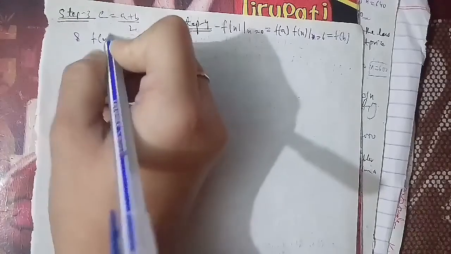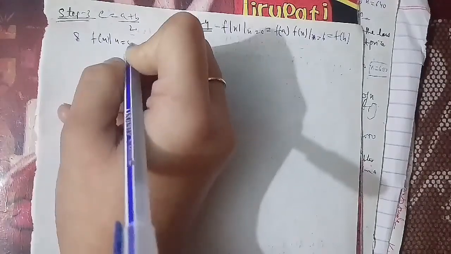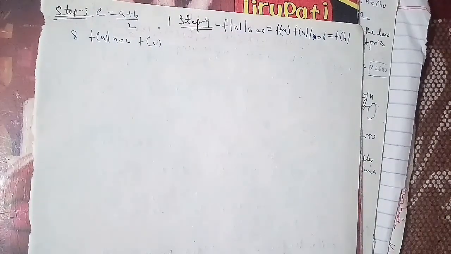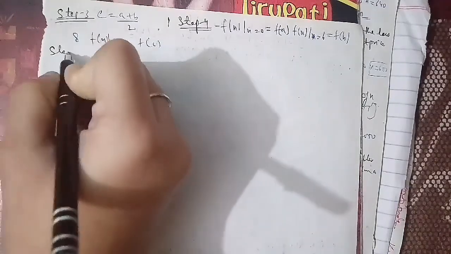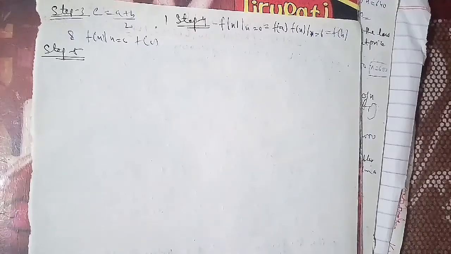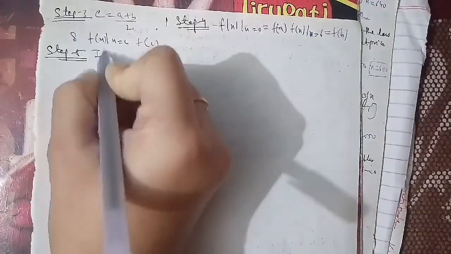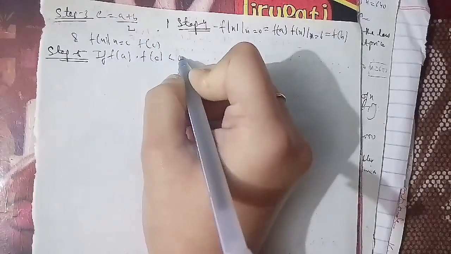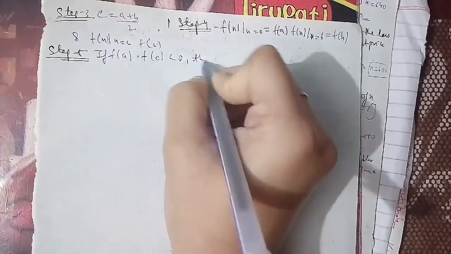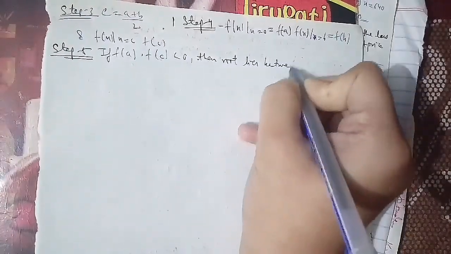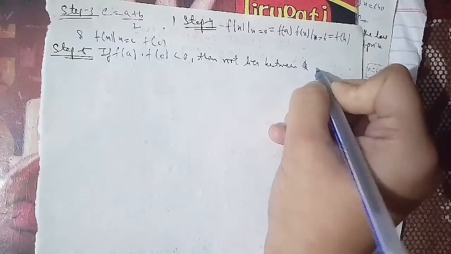Now for the next we go ahead for step 5. For step 5 it will be, if f of a times f of c is less than 0, then root lies between a and c, hence replace b by c.